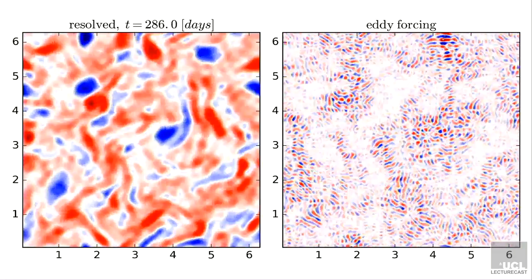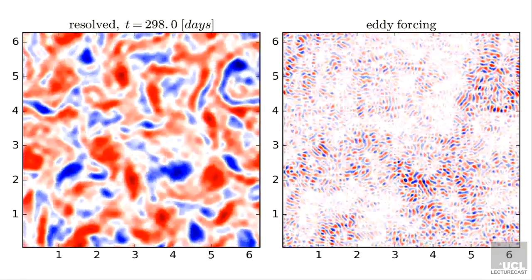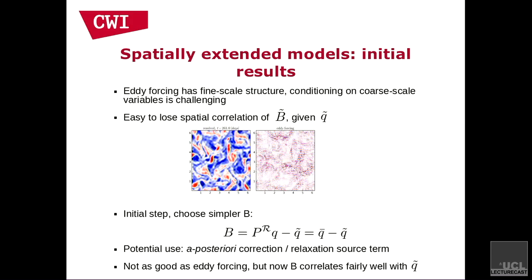There's not enough correlation to reliably resample something like this, because this has such a fine-grained structure. Conditioning on coarse-grained variables is very challenging. So if you do that, it's very easy to lose spatial correlation. As I said before, you start to resample it, and you get B tilde. You don't tend to get something nice like this, but something very, very noisy.